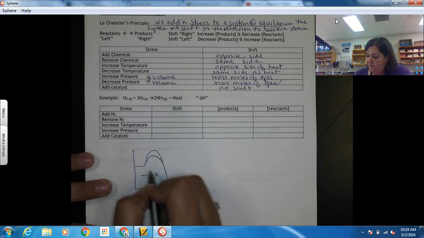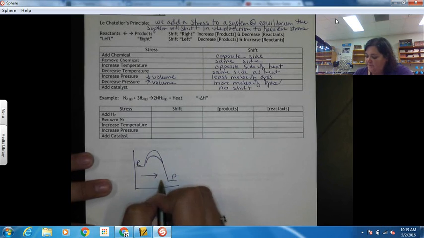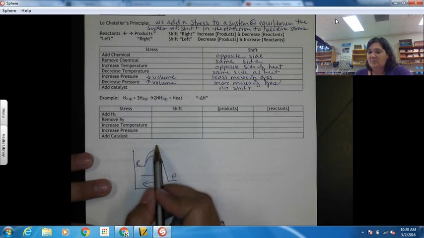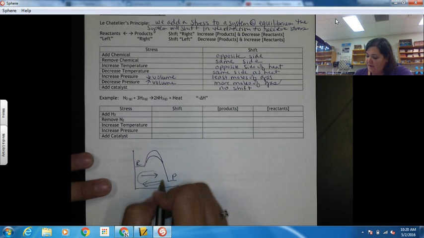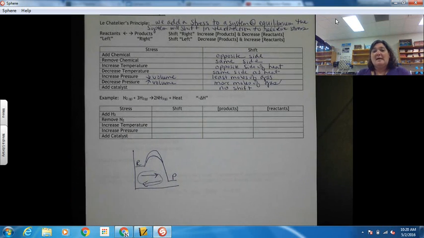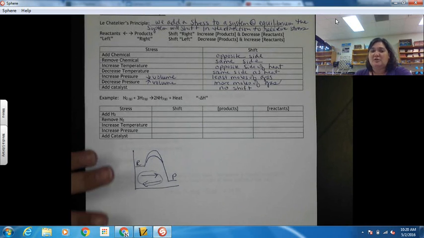If we go from reactants to products, or from products to reactants, it is still lower than it was before. And so the rate of reaction in both directions has sped up equally. Therefore there's no change in the equilibrium. The equilibrium situation will stay the same.